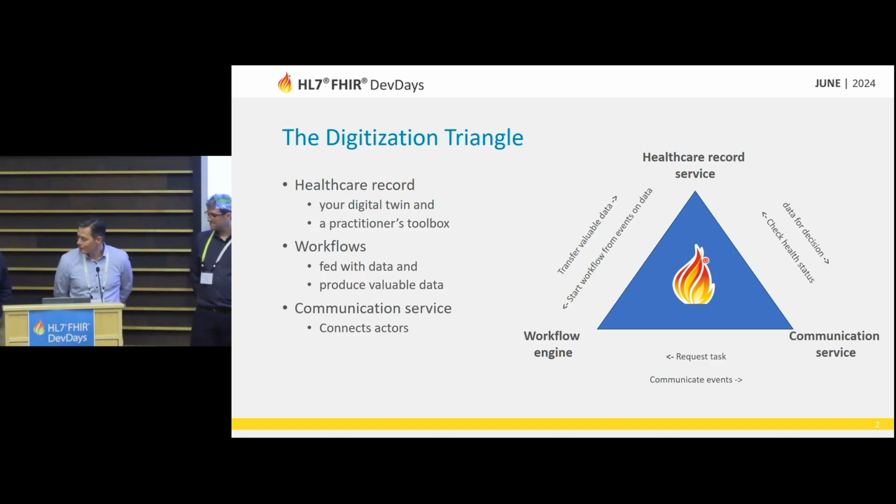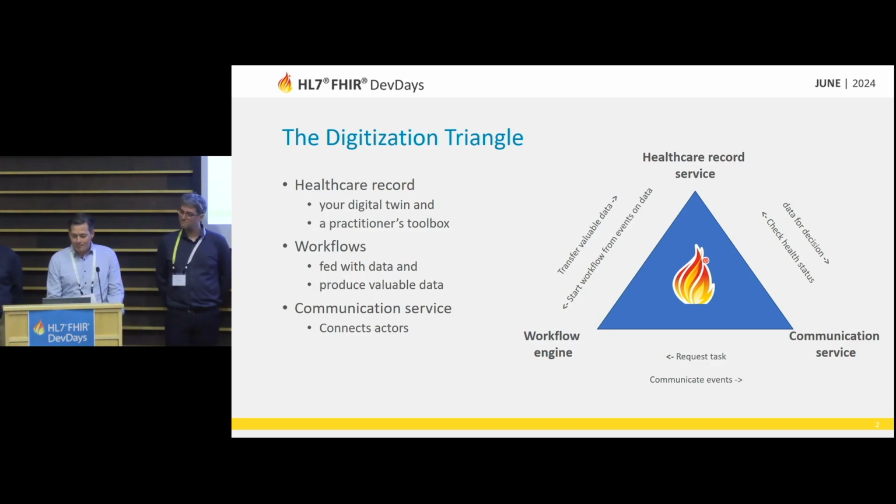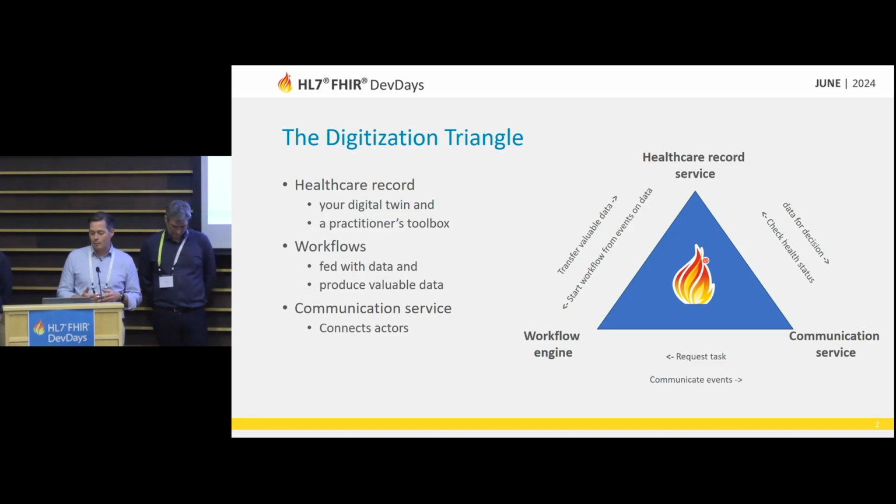Thank you, Henrik. Yeah, let's go a little bit deeper into a realization of that triangle. As Henrik said, these parts were silos, and we try to establish this triangle and connect these systems to each other. But we had to overcome some difficulties. First and foremost, the healthcare record service, or the national EHR, had to support FHIR natively.